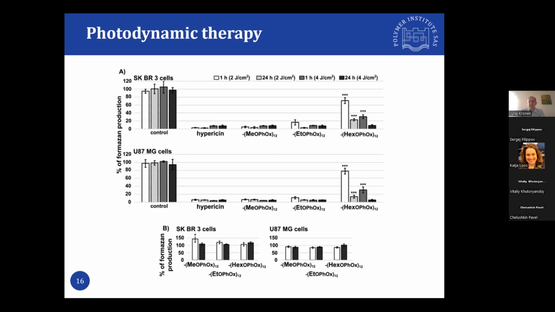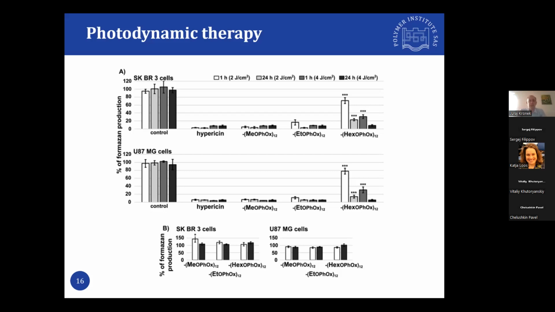This also affected the photodynamic activity of our nanoparticles. We used two different cancer cell lines, and we followed the viability of cancer cells after photodynamic therapy.